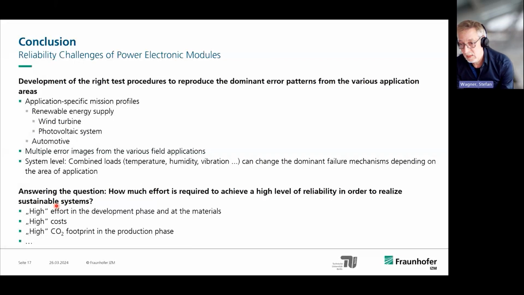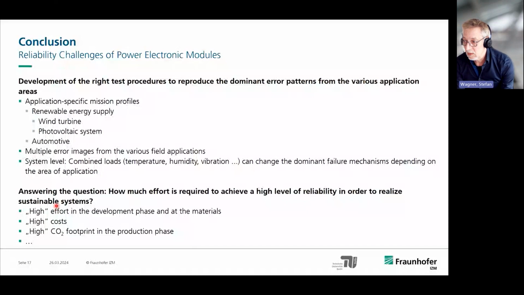To increase the reliability, you have to keep in mind the system level. All systems work under combined loads: temperature, humidity, vibration, and much more.